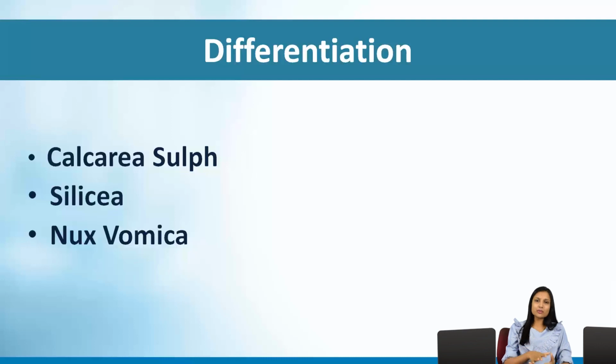It is a timid remedy because there is a lot of pressure on Silica to perform. And that is why there is a constant fear of failure in Silica. And that is why they are very calculated in their response. In whatever they do, they will think 100 times before taking that step. They will not feel confident enough. They don't have that grit, that decisiveness, that yes, this is what I'm going to do.